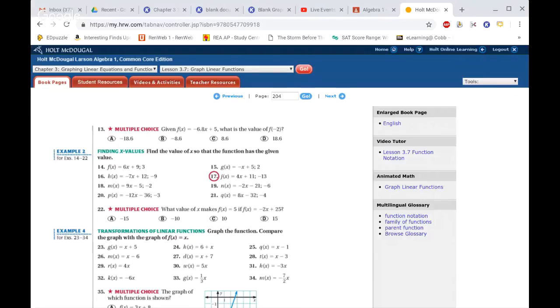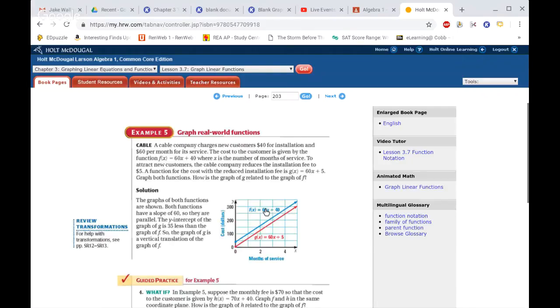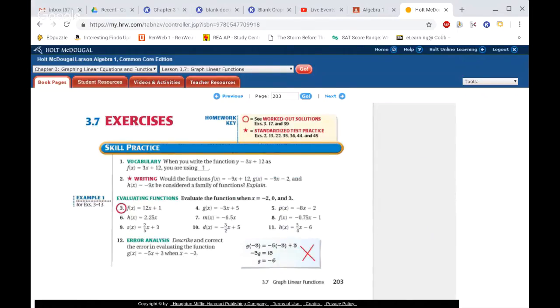So that is the big hint for you all to know that you plug in that negative 13 in for the j of x or n of x or f of x or whatever the function name is. So there's 2 like that. And then there's 2 like number 3 through 11, where you're going to be plugging in a value for x and finding f of x.